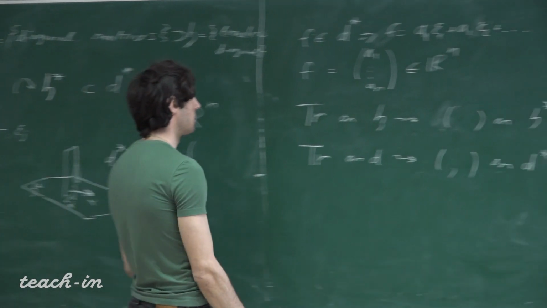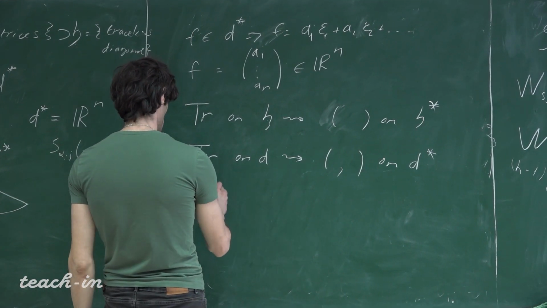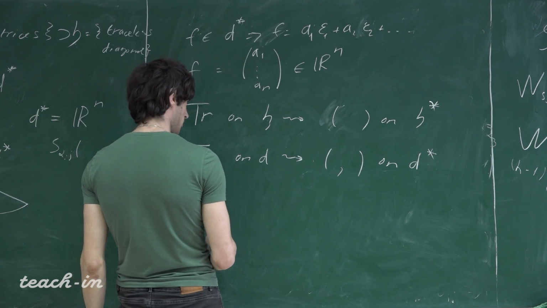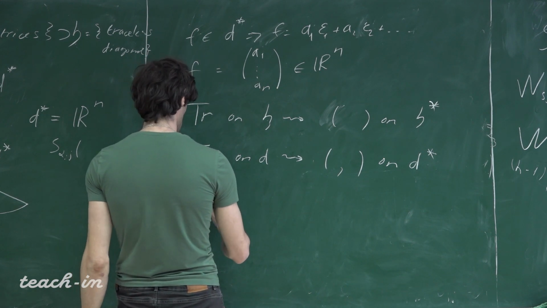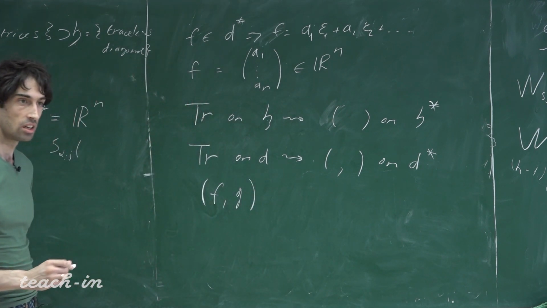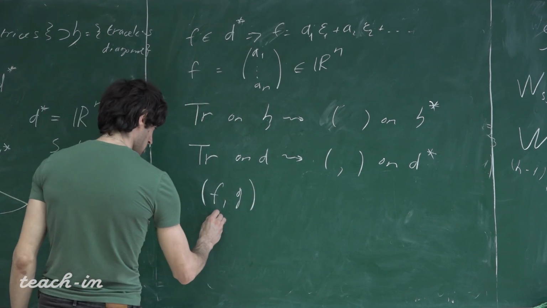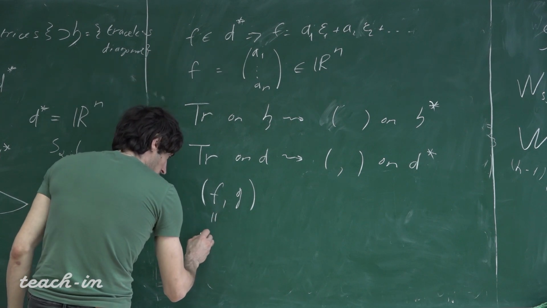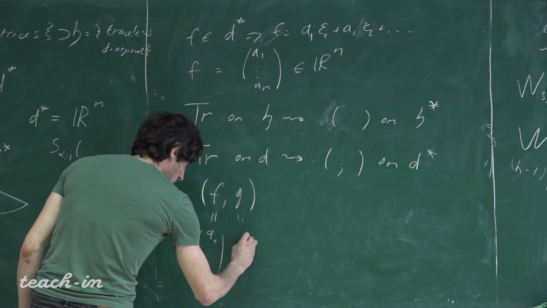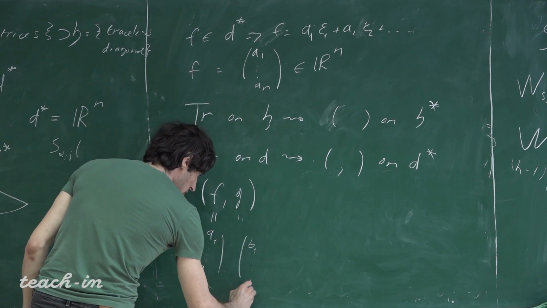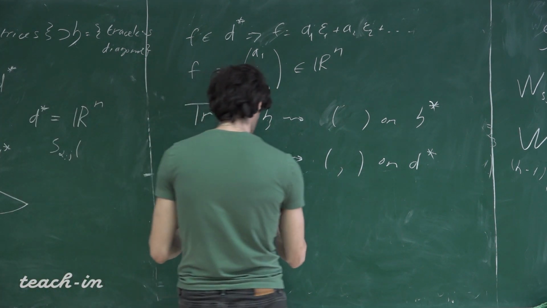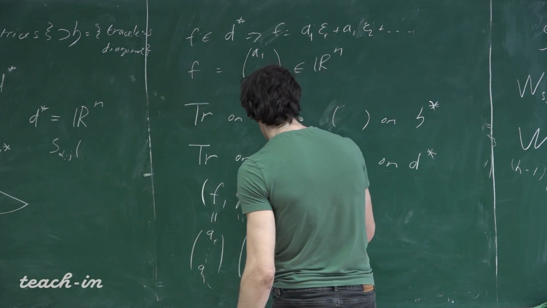Then if I have two elements f and g, this one corresponds to some vector a1, ..., an, and this one corresponds to some other vector b1, ..., bn.